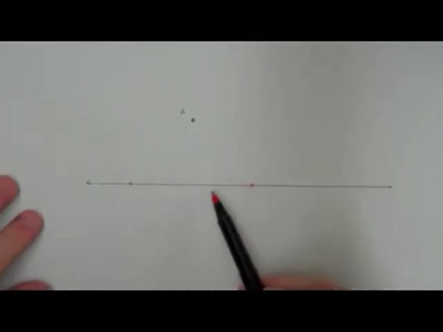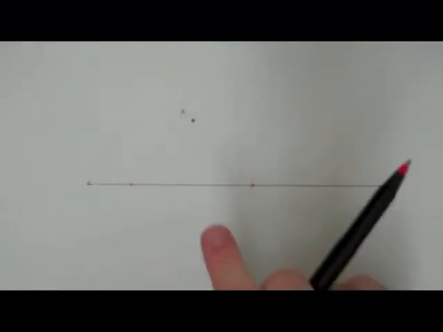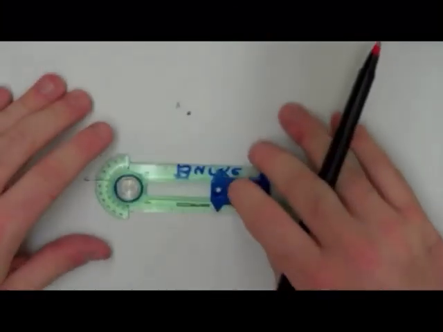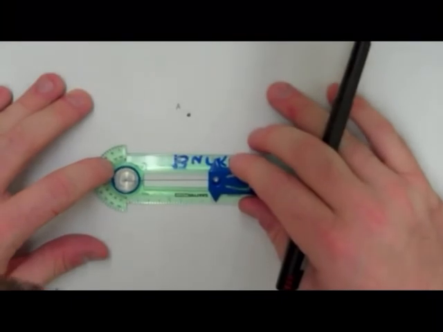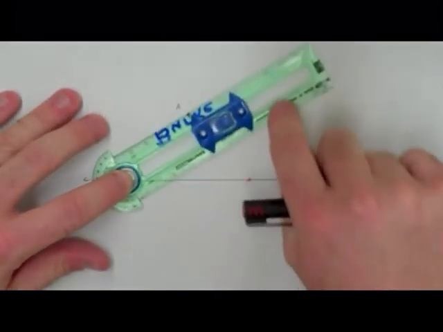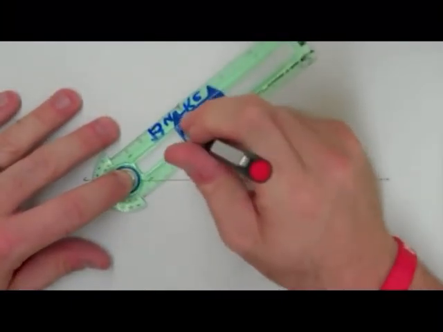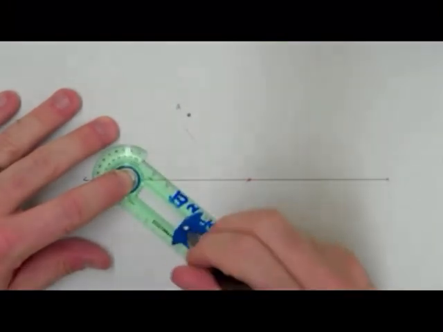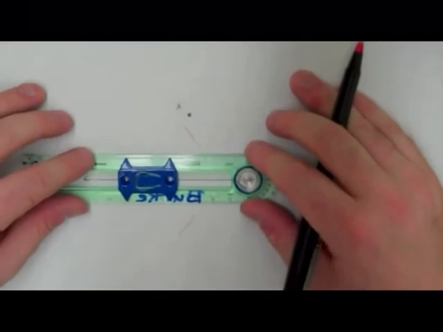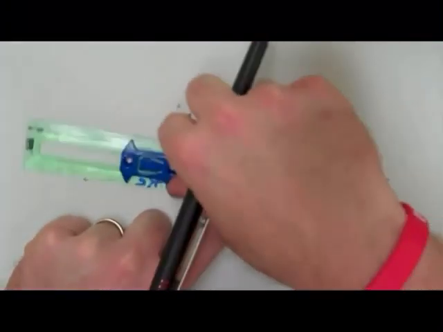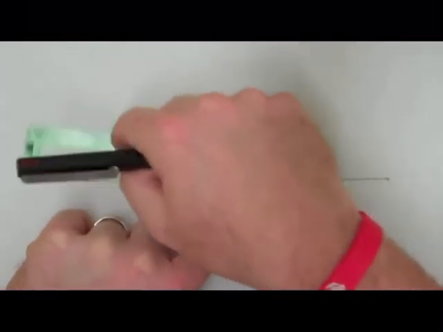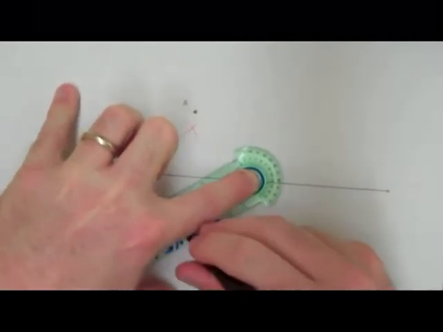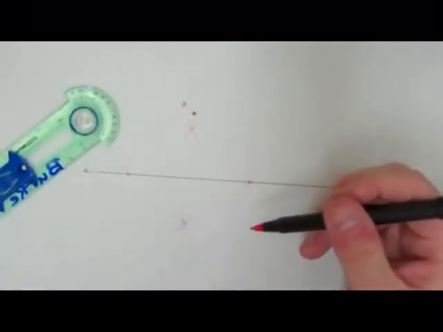So now what I'm going to do is I'm going to just construct a perpendicular bisector on this segment, and it should go right through A. Put the point of my compass on one endpoint, open it up more than halfway, make a mark above, make a mark below, turn the compass around and make the same 2 marks, mark above, mark below.